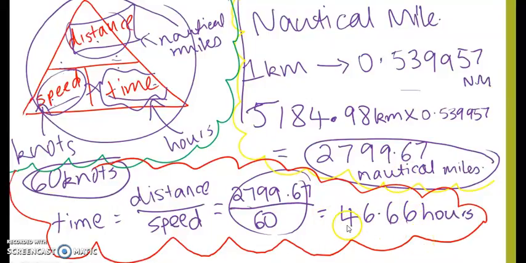You would need to multiply $100 by 46.66 hours. That would allow for the total cost to be $4,666. Now you'll notice in your assignment, the flying boat does in fact cost $125 an hour. So this is just an example.